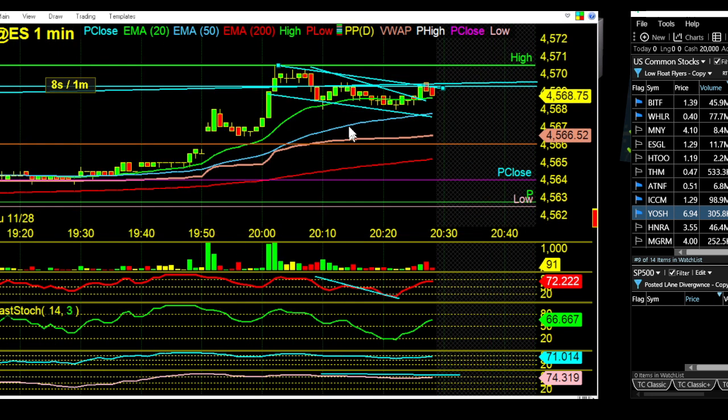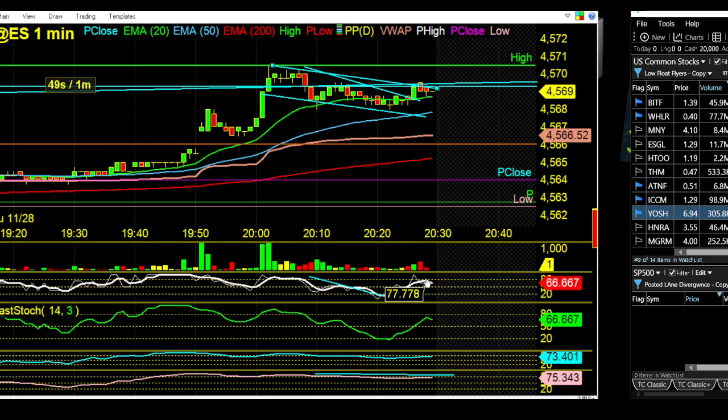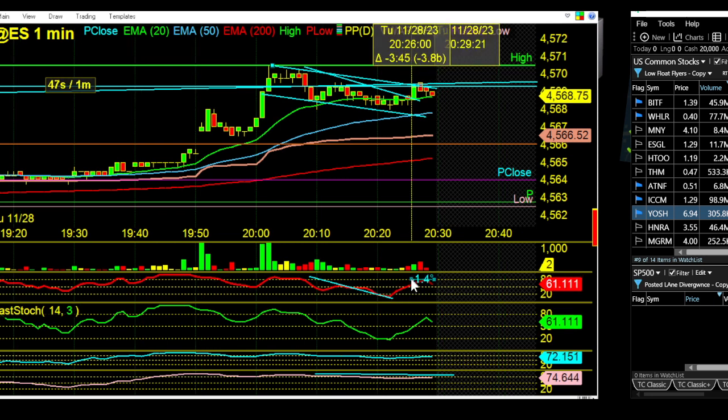So that's exactly, see what happened there. So measured move from this is the distance from here. Make a parallel line from the lower trend line here to the top pivot. And that's your target. And that also comes along with that 9-3. It's kind of just getting up into that 80 range.